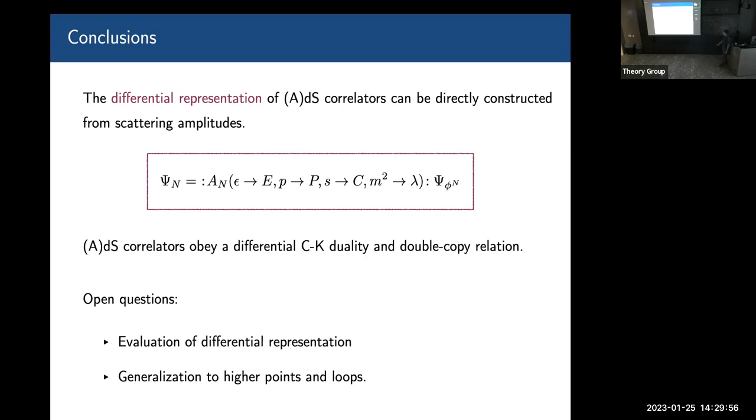First, we have to understand how to evaluate this differential representation, that is, how to go from the right-hand side of the expression to the left-hand side. Once we understand that, I think this can be generalized to higher point functions as well as loop diagrams, and then hopefully it will be useful for computing more complicated correlation functions. Yeah, I think that's it. So thanks a lot.